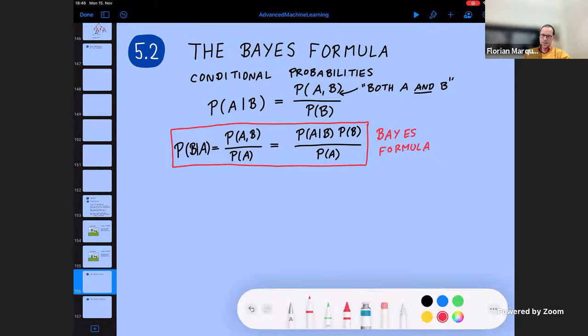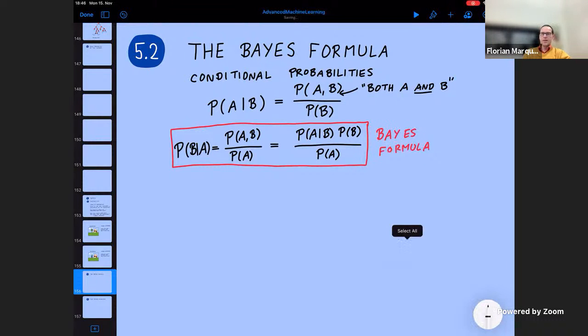Now, just a quick side note: the P of A in the denominator, if you want to write it more explicitly, you would say, I can take the same expression I have in the numerator, but instead of only taking it for a particular event B, I sum over all possible values of B. And so you see this is a kind of normalization.